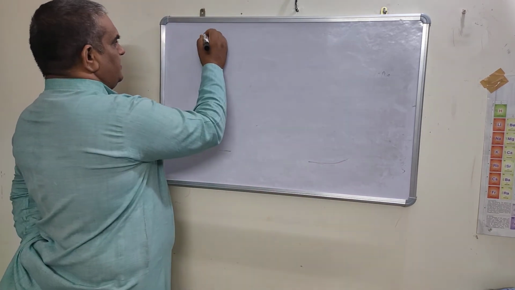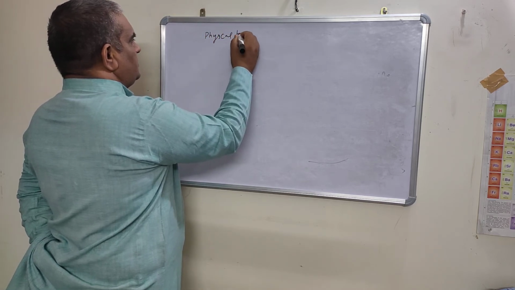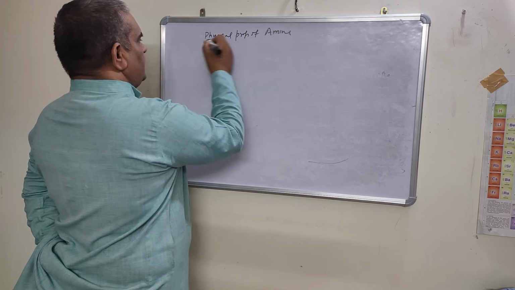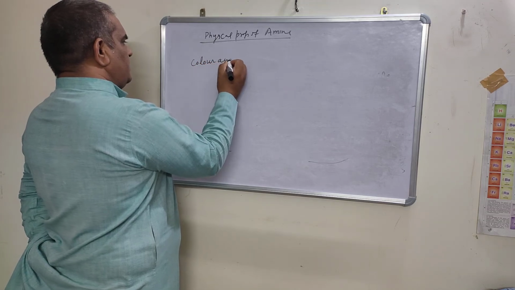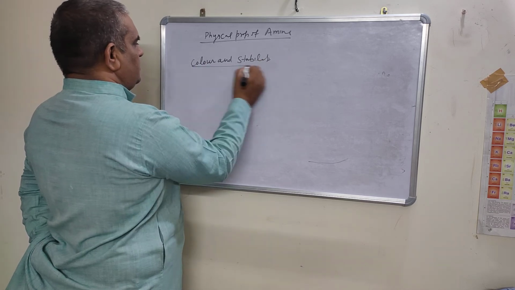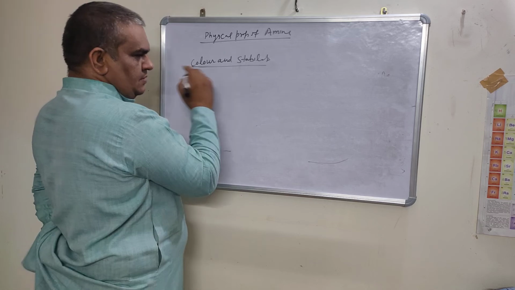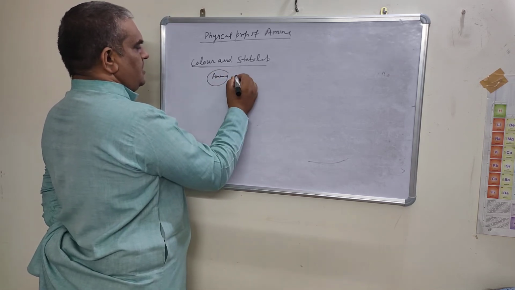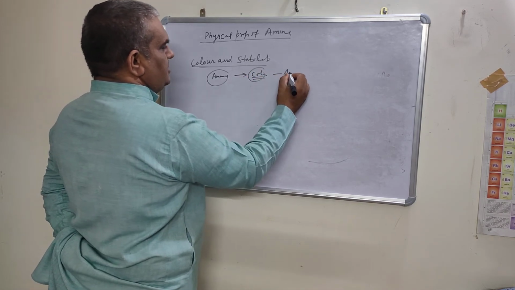Next is physical properties of amines. First is color and stability. The lower amines are colorless, but on standing, amines become colored, particularly aromatic amines.